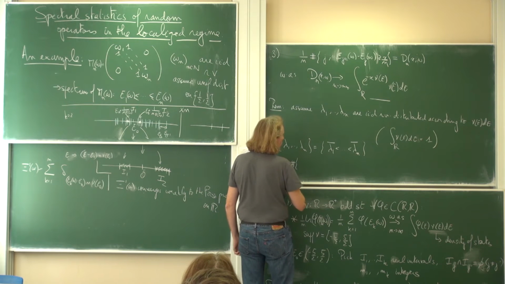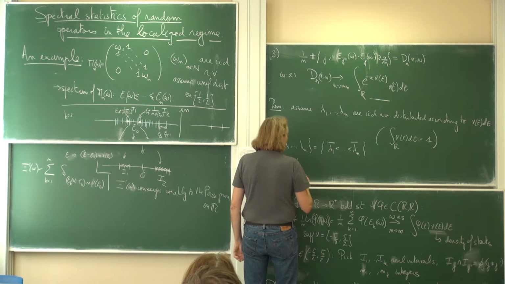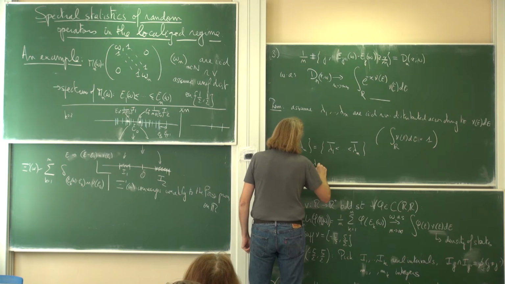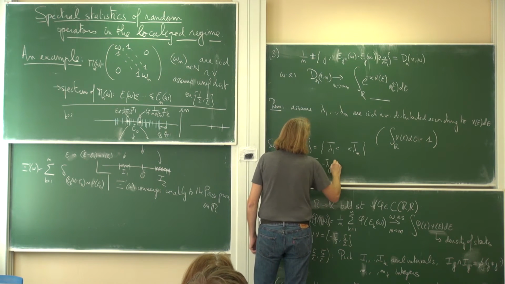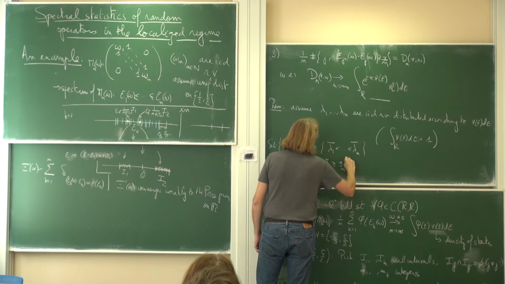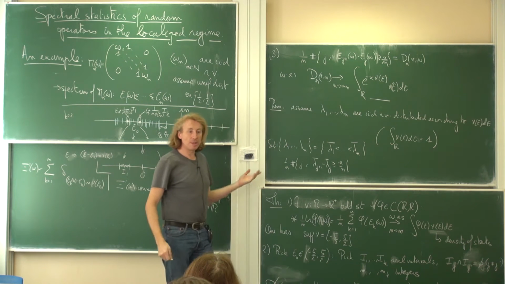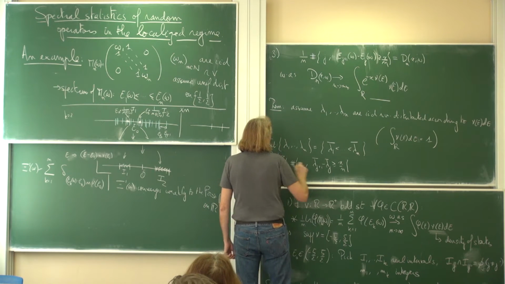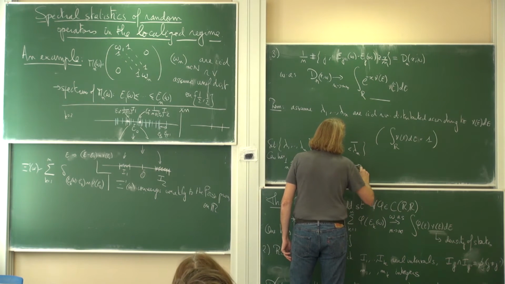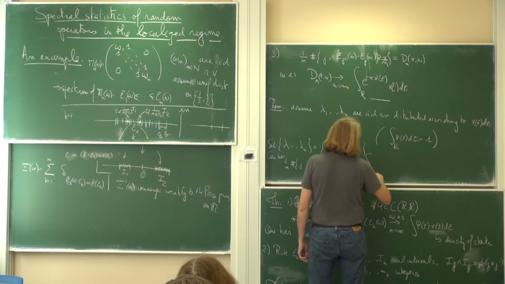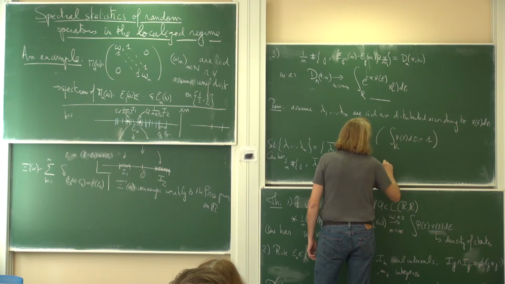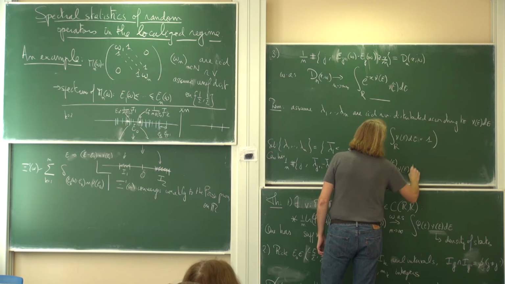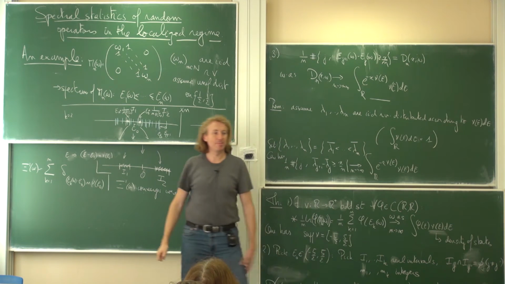But now you can do the following. You can compute 1 over n times the number of j such that lambda j plus 1 bar minus lambda j bar is larger than x over n. You can compute this number. And then one has that this, when n goes to infinity, converges to the same integral of e to the minus x nu of E dE.